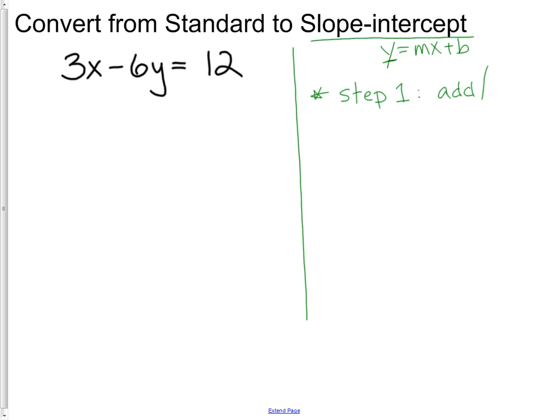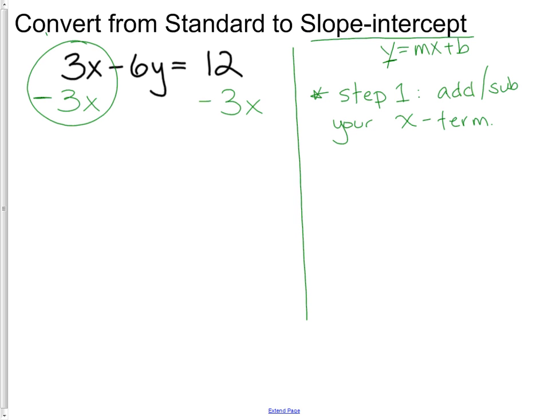You're going to start by adding or subtracting your x term. Now, depending on whether you add or subtract, depends on whether the x term is positive or negative. Just like with solving an equation, you do the opposite. So here we have a positive 3x, so we're going to start by subtracting 3x from both sides. 3x minus 3x cancels out.